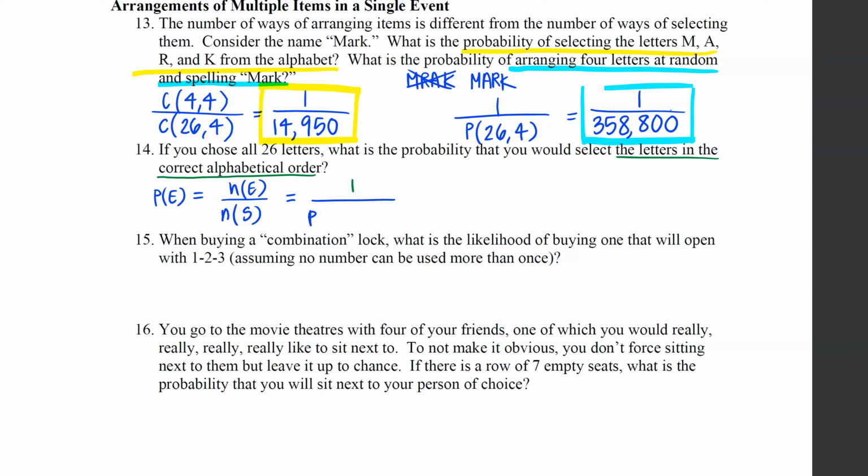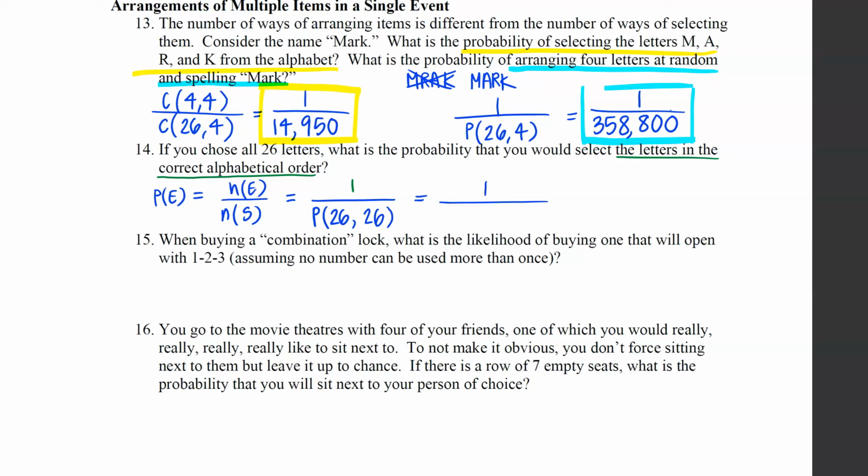My denominator, how many different ways can I arrange 26 letters? That would be the permutation of the 26 letters that I have, and how many different ways can I arrange all 26 of them. So the permutation of 26 and arranging all 26 of them is an extremely large number.